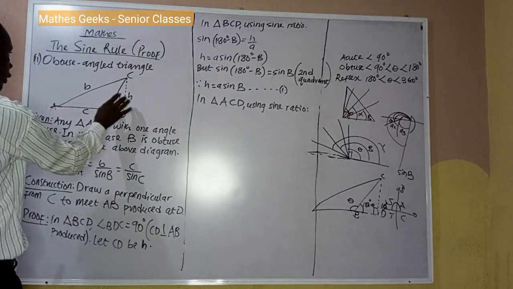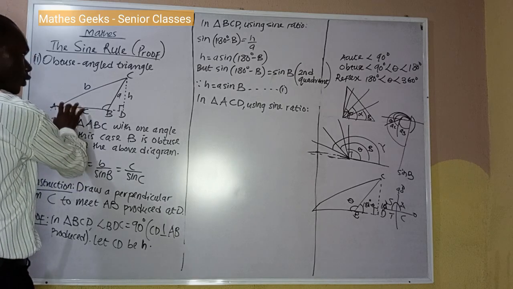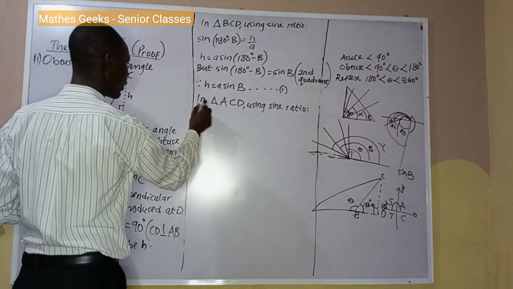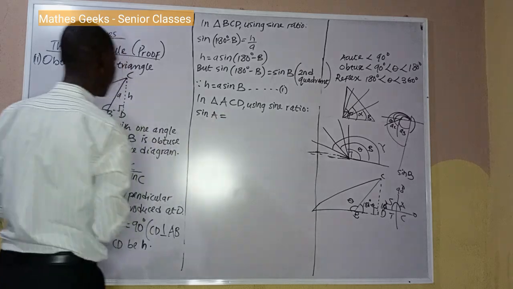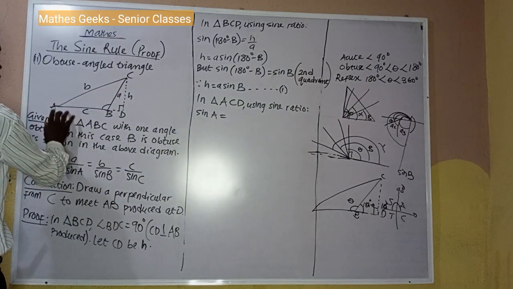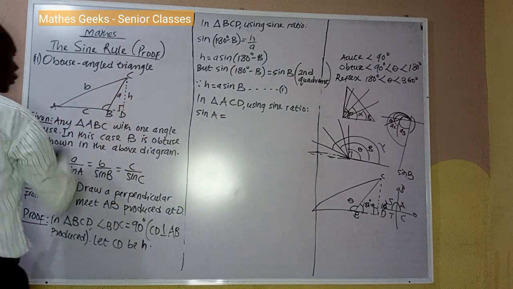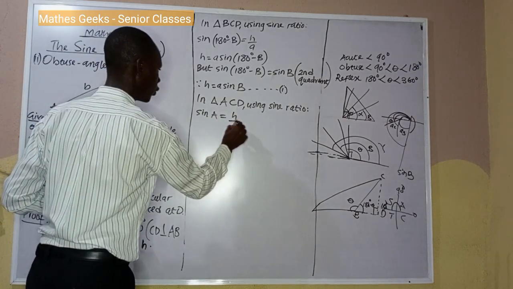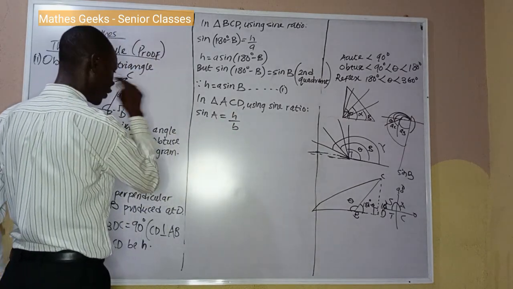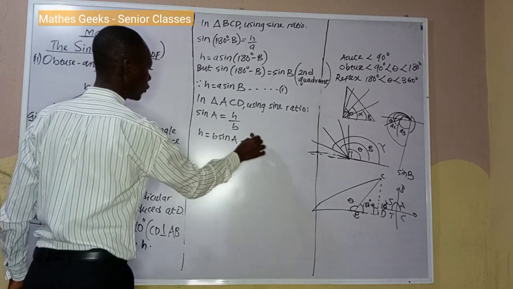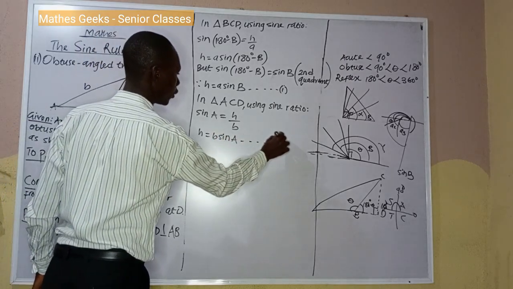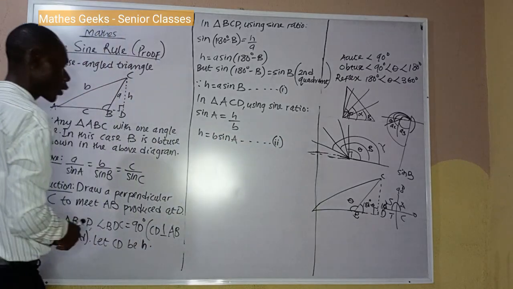now we are going to focus on sine A. So sine A is equal to opposite, which is h, over hypotenuse, b, and this will give us h is equal to b sine A, equation 2.